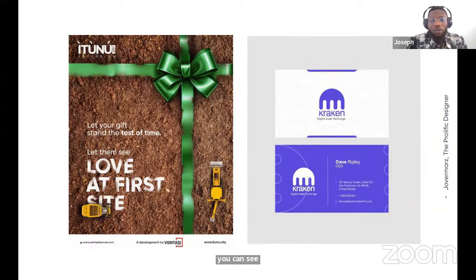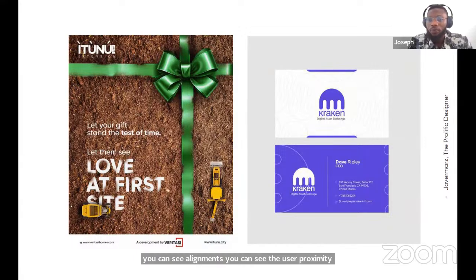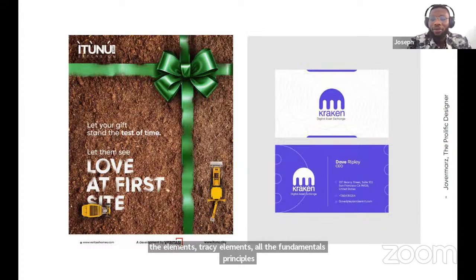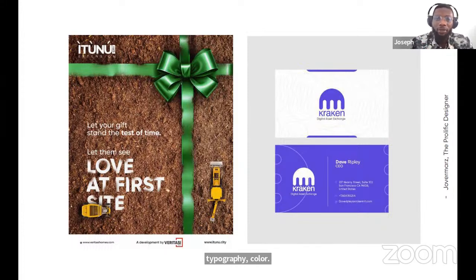You can see the use of proximity. And you can also see lines. You could see shapes. You could see balance. All the elements, all the fundamentals, principles, typography, color, everything is put into play on that image on the right.